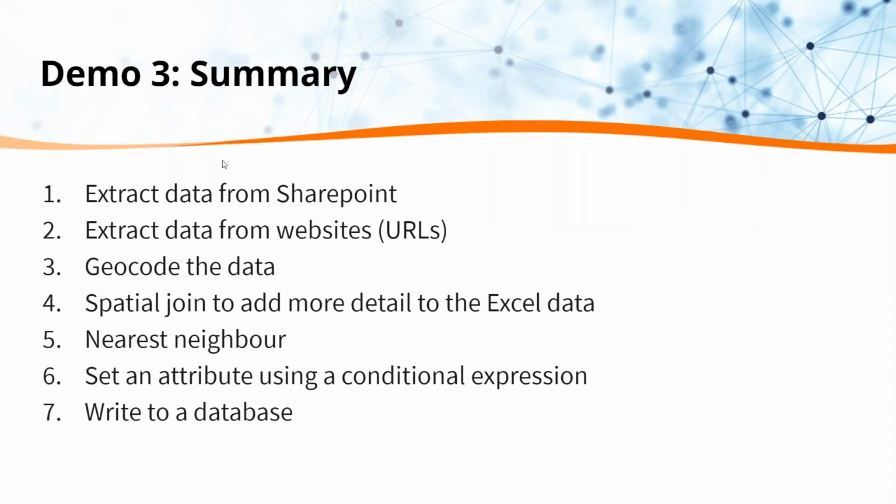Okay, just in summary, we can pull the data back down from SharePoint, just as Andrea showed us how we could load it up. We can extract data from websites so that we get the most current data, do geocoding, adding some spatial context to your existing data, do spatial joins and nearest neighbors to add more detail to your Excel data, set attributes using conditional expressions, and then in my case, I was writing out to a database, which happened to be a SQL Server.